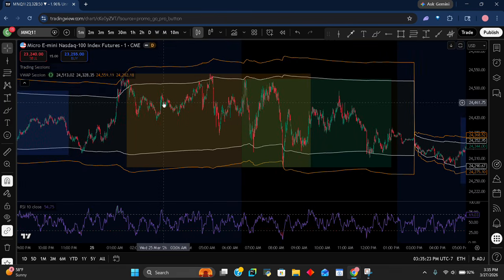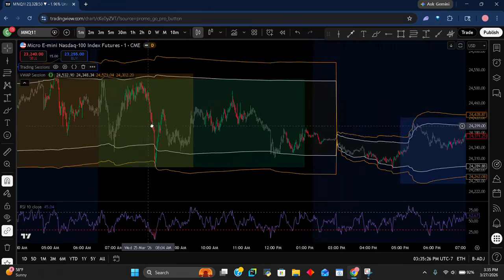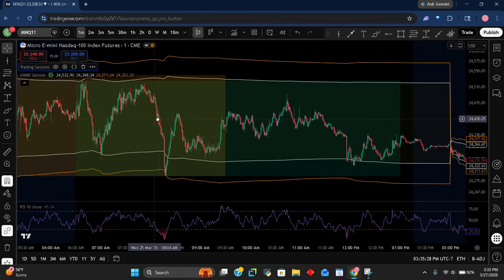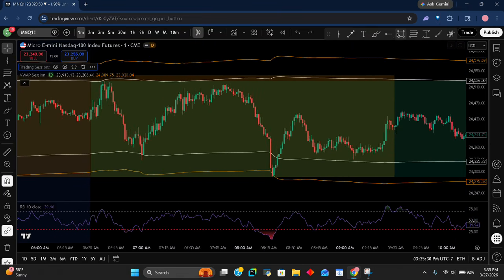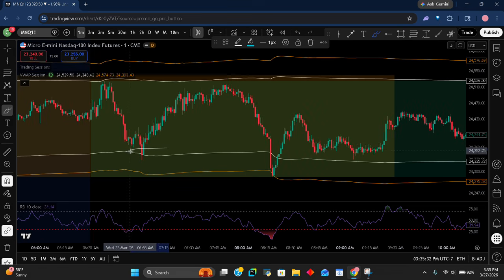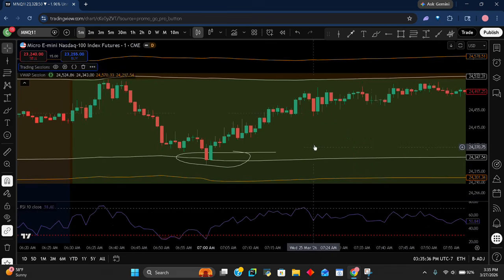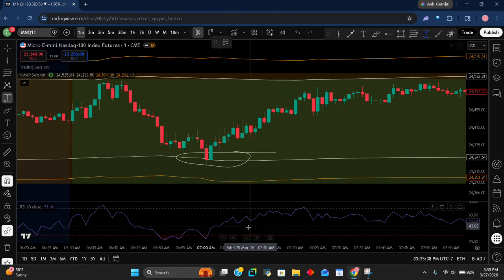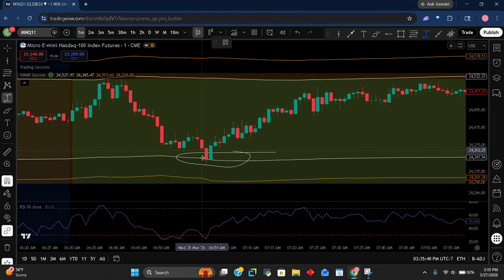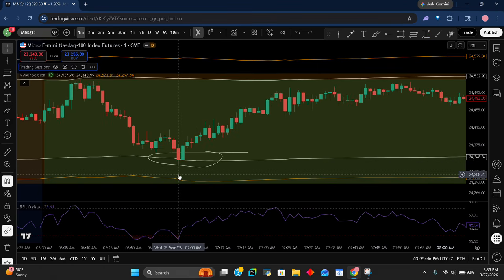The way this strategy works is I want to look for when price comes into my deviation band, and the moment I see that, I want to look for that bounce, right here where the circle is. I can't just do this blindly, it isn't always going to work.